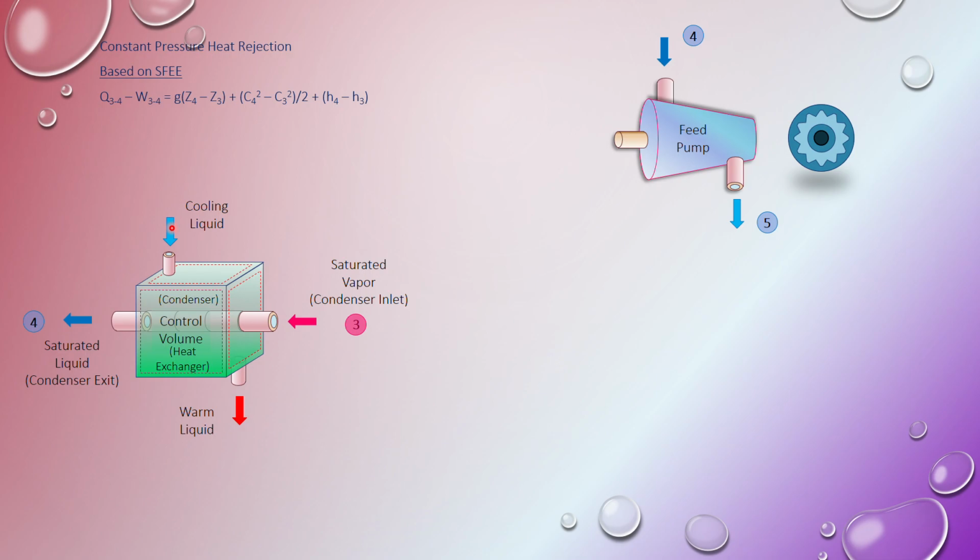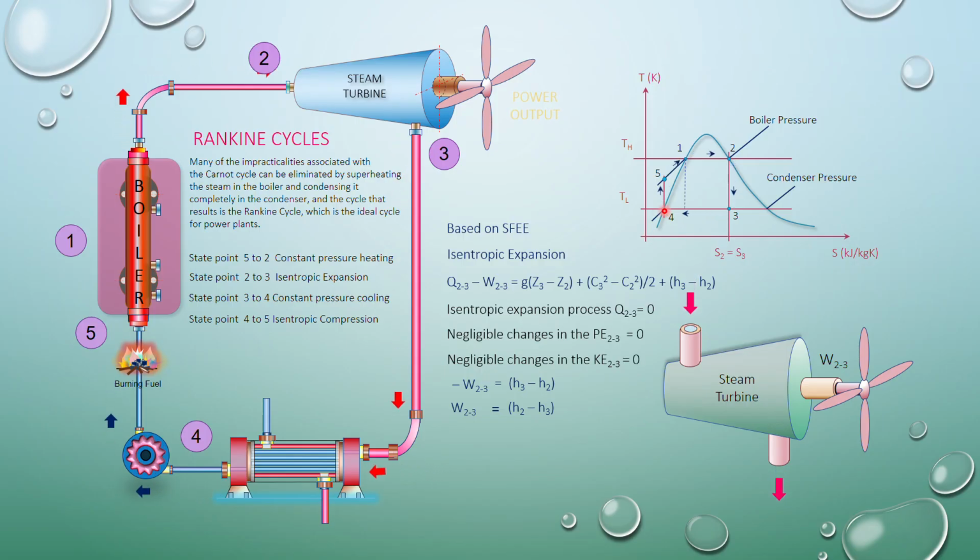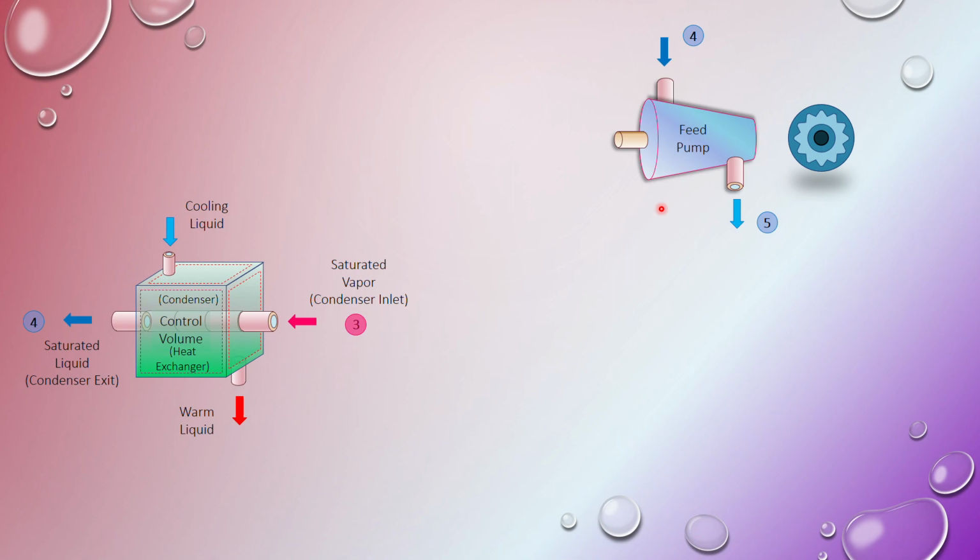You cannot have a mixture of vapor and liquid. That is why we bring point 4 back to the saturated liquid line, and that is one of the other reasons why it is impractical for the Carnot cycle to be considered in a power plant.